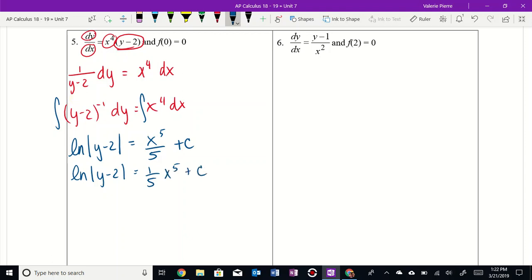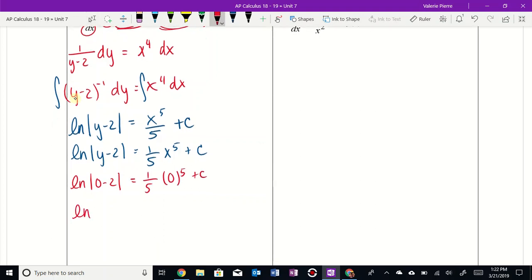So this is another problem where we don't need to find the general solution quite yet. We can just start from here, move forward with the initial condition. So both y and x are 0. So we'll have ln of 0 minus 2 equals 1/5 0 to the 5th power plus c.